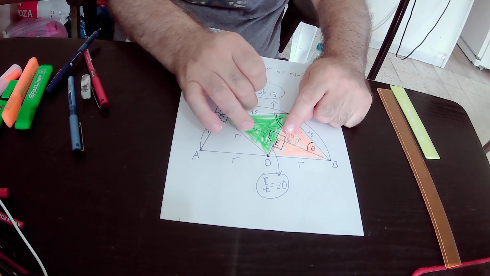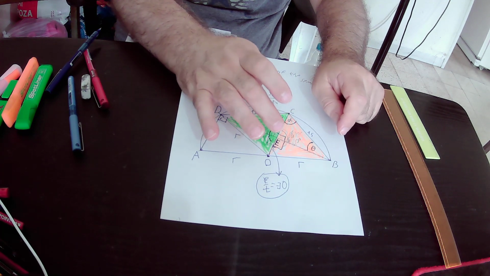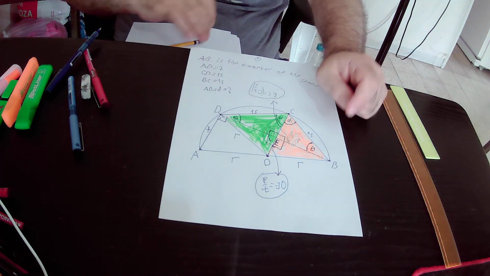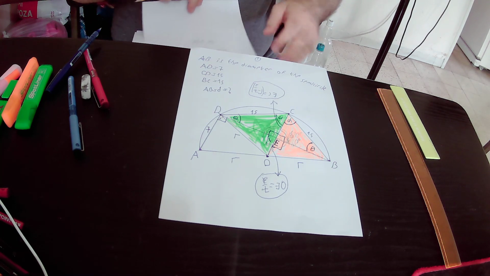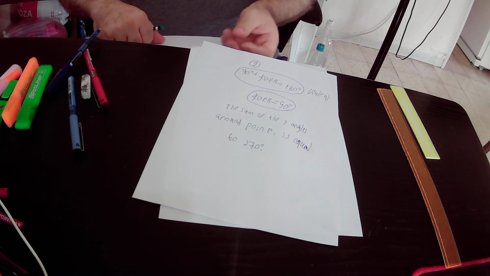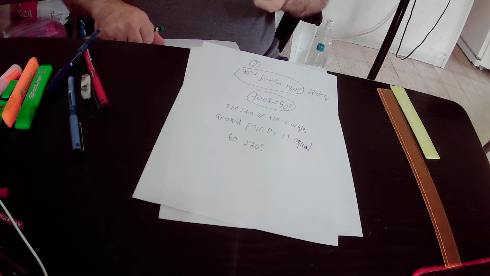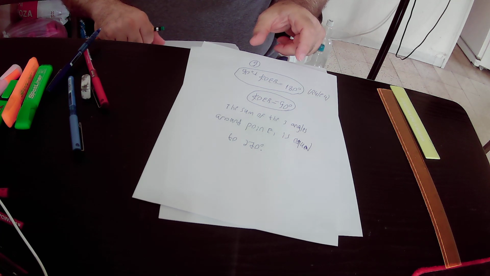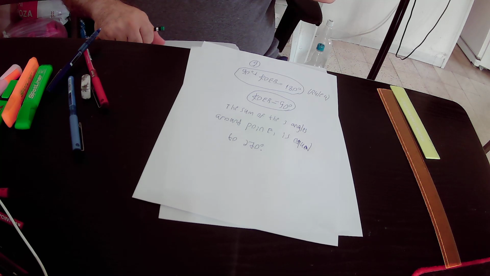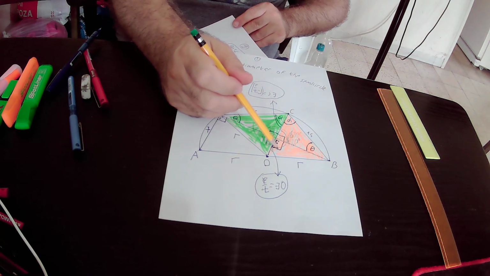So 90 degrees plus the size of this angle, that is actually angle OEB, equals 180 degrees. So the implementation of rule number 4 in our drawing is that 90 degrees plus the size of angle OEB equals 180 degrees. From this equality we subtracted 90 degrees and we got that angle OEB equals 90 degrees. So this angle is a right angle.